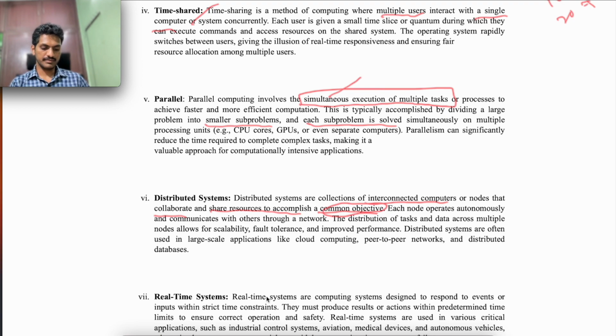Go to the next one, real-time systems. A real-time system is an operating system. So parallel system is an operating system, distributed system is an operating system. Real-time systems, like in Chandrayaan 3, we sent a satellite to space.